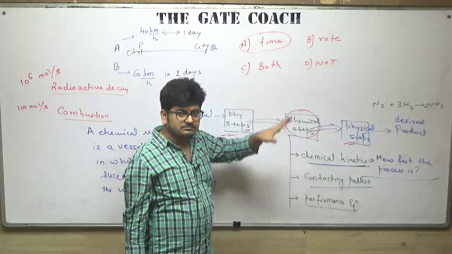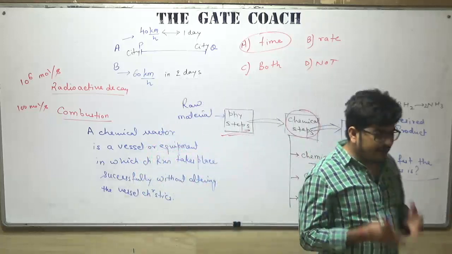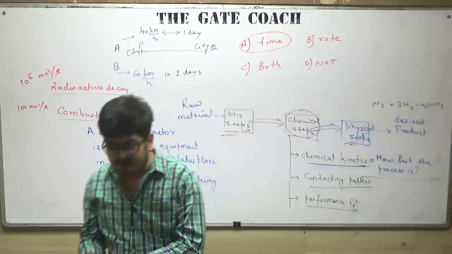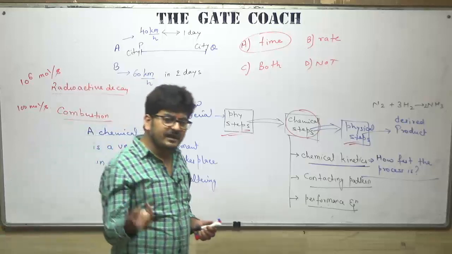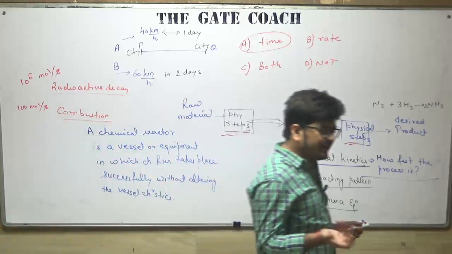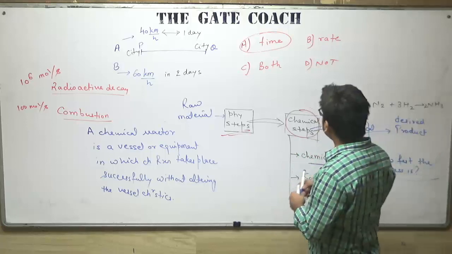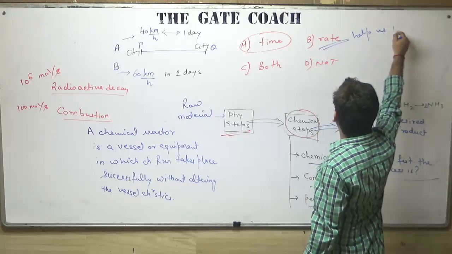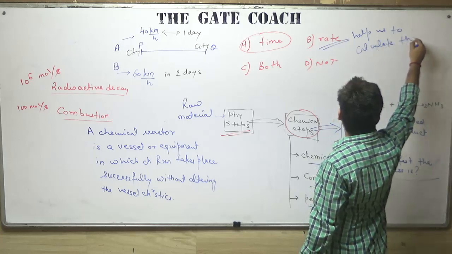Now the question is, if time helps us to identify that the given process is fast or slow, then what is the role of the rate? Why are we using the rate of the process? Then the answer is simple. Rate helps us to calculate the time.